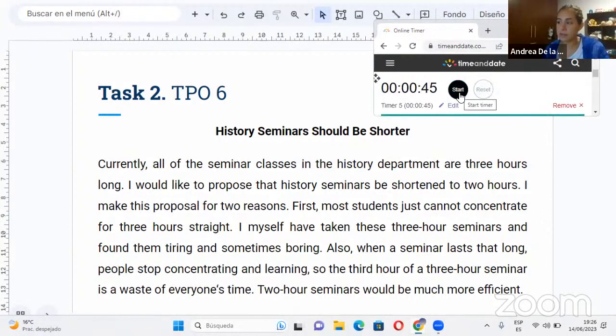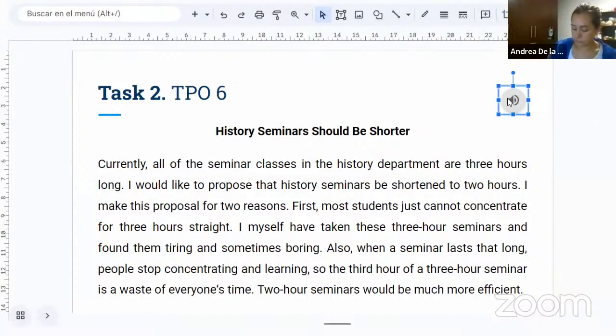You have 45 seconds to read the text. Now listen to two students discussing the letter.